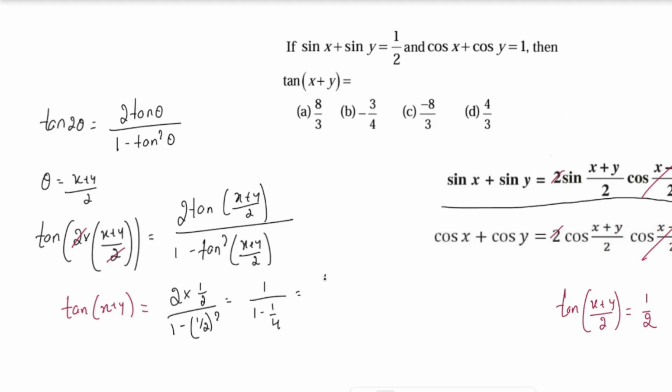After taking the LCM, we get 1 divided by 3 by 4. After taking the reciprocal, we end up getting 4 by 3. Do we have 4 by 3? Yes, 4 by 3 is there. So option D, 4 by 3 is the correct answer. Tan of x plus y is equal to 4 by 3.